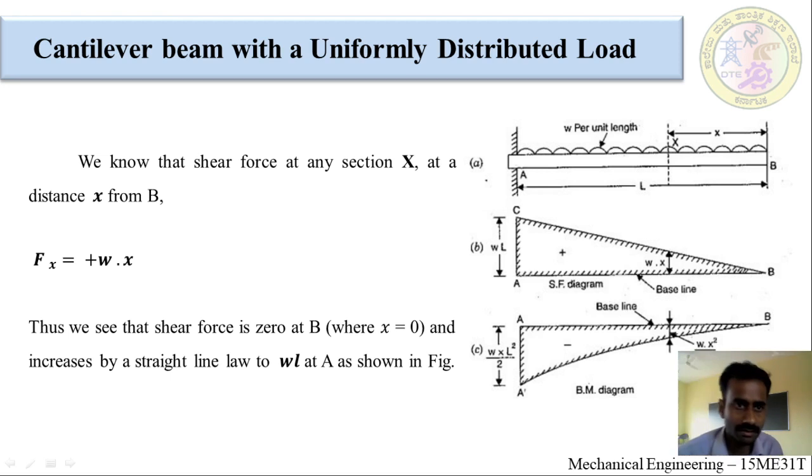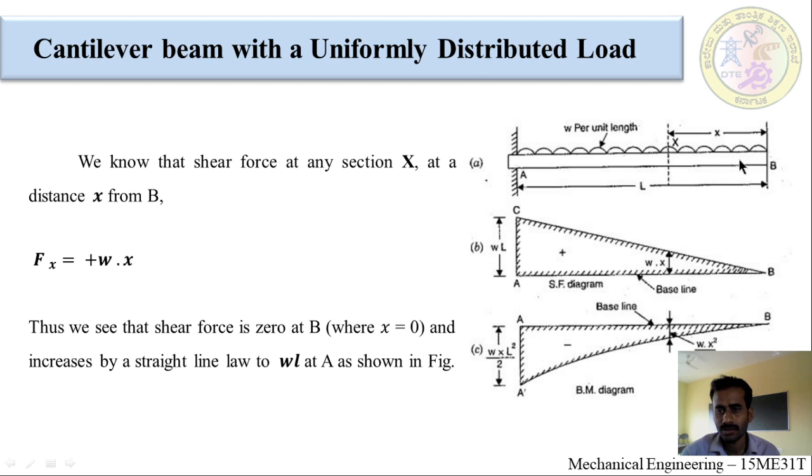Now we will discuss the case of a cantilever beam with a uniformly distributed load. Consider a cantilever beam with a uniformly distributed load W per unit length. We know the shear force at any section x, at a distance x from the free end B. Now the shear force will be Fx is equal to W into x.